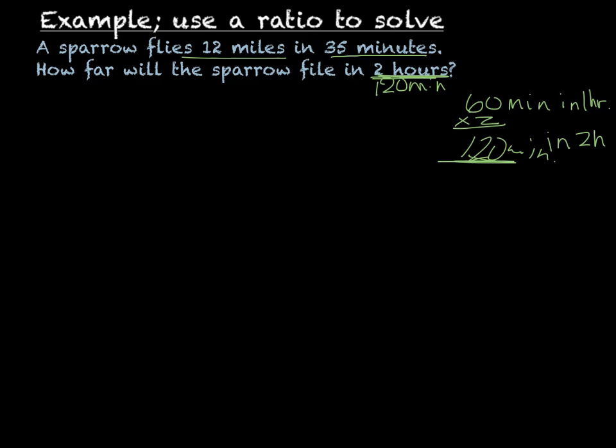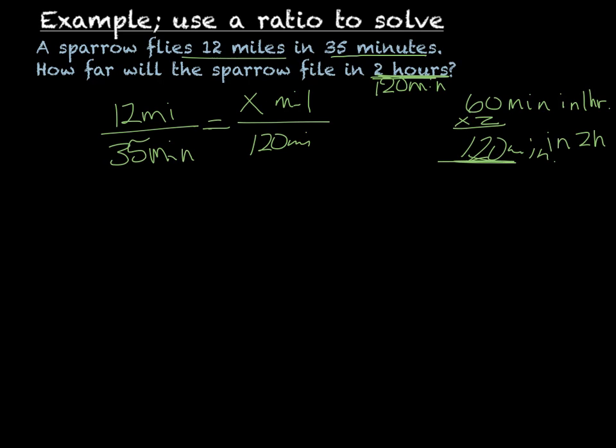Alright, so now setting up the ratio, we have 12 miles in 35 minutes. And we want to know how far the sparrow is going to travel in 120 minutes. So what we have to do is the same thing we did before, multiply and then divide. So X equals 12 times 120 divided by 35.